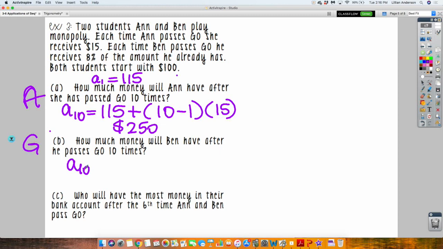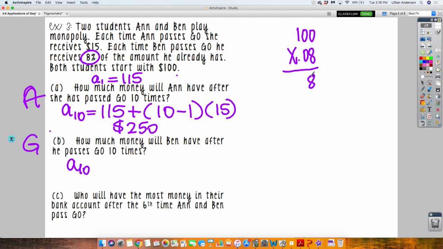Huh? Not 180. Say it again. A little louder. 108. Okay? Because he's receiving 8% of the amount he already has. You can figure this out by doing 100 times 0.08 and getting $8.